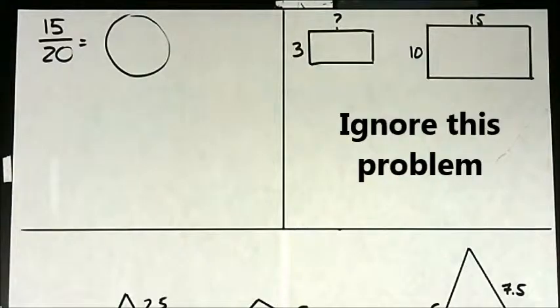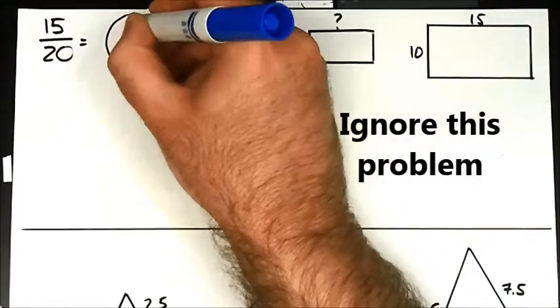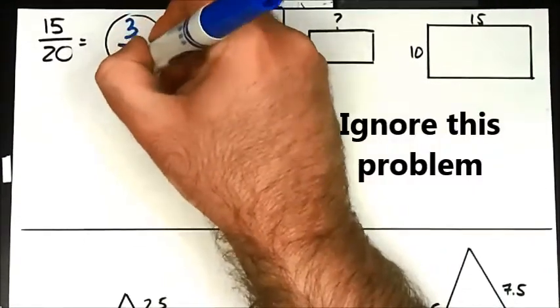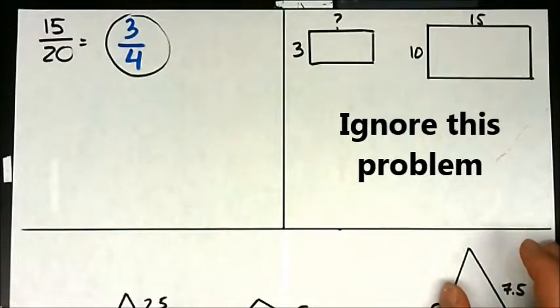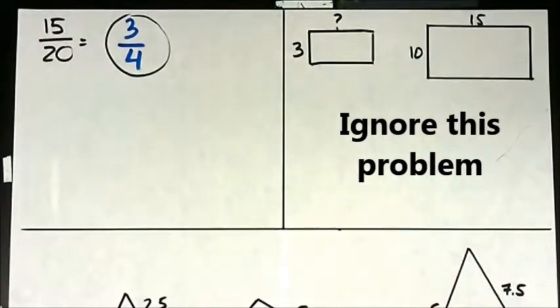That would work. So again, I'm going to go with the simplest one, 3 over 4, by dividing both top and bottom by 5. But so many things would work here. It's up to you what to write. Questions?